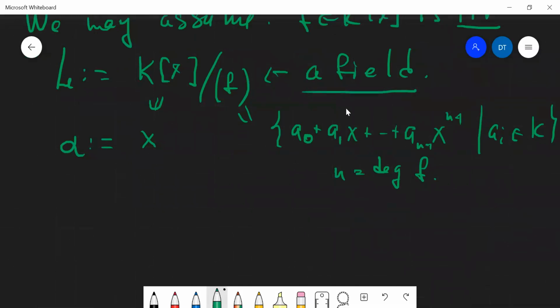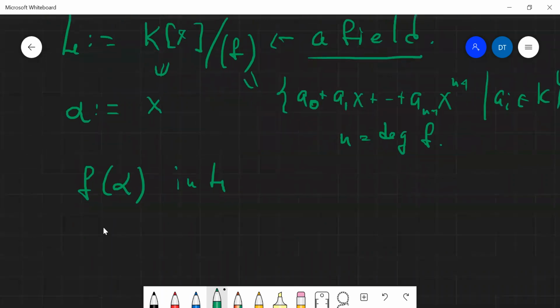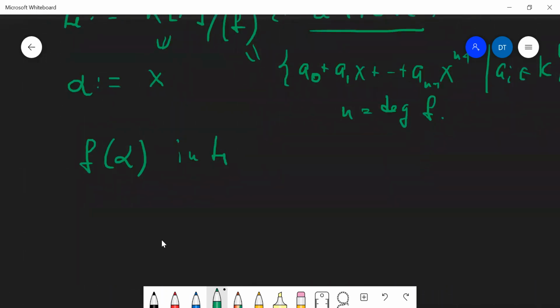I will denote by alpha the element X inside this set. So now I want to show that this alpha is a root of the polynomial f. But what should I do? I should compute f of alpha in L. Well, what does it mean to compute f of alpha in L? Alpha is just x, so I just want to compute f of x in L. But how do I compute an element in L?